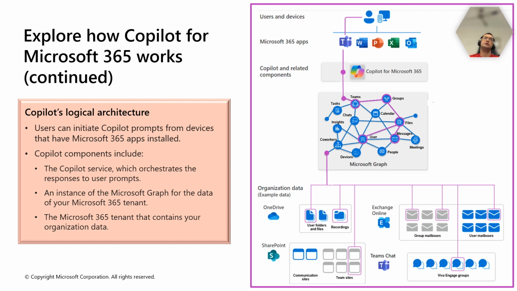So the users can initiate Copilot from devices that have Microsoft 365 app installed, as I said. We have three components: Copilot Service, the Microsoft Graph, and also the Microsoft 365 tenant that contains your organizational data. So again, Copilot Service, then we have Microsoft Graph, and then we have the organizational data that we are able to get queries from.